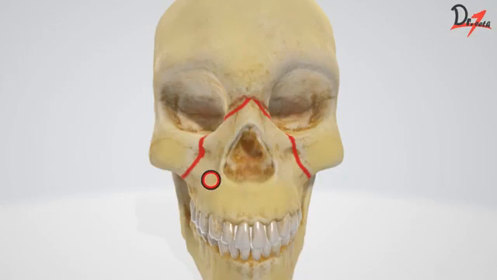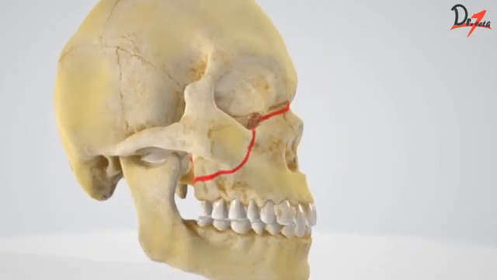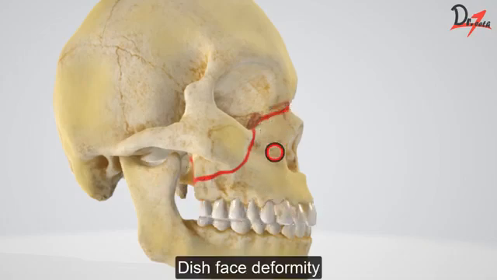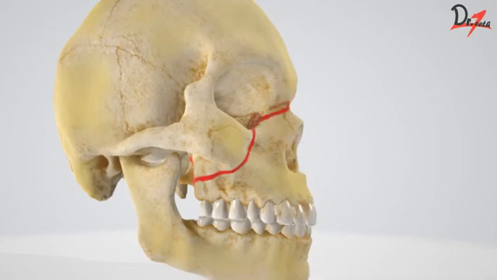When this is pushed posteriorly, you can imagine the teeth will also go behind, right, posteriorly. In such cases, there will be class 3 malocclusion and the face will become like a dish face deformity. Also, there will be lengthening of the face. Why? Because obviously the middle third of the face is separating from the skull.